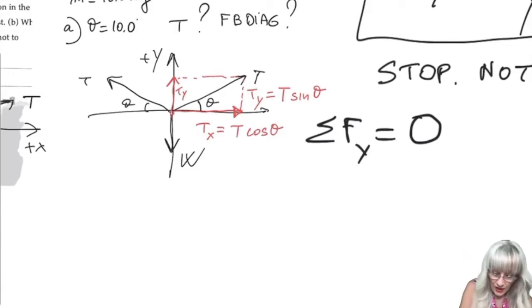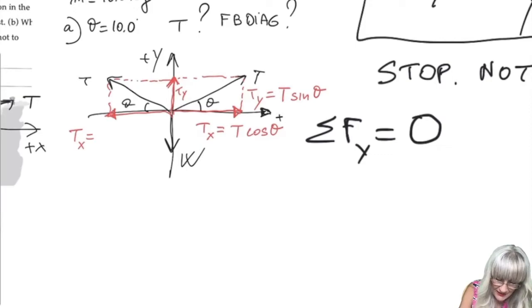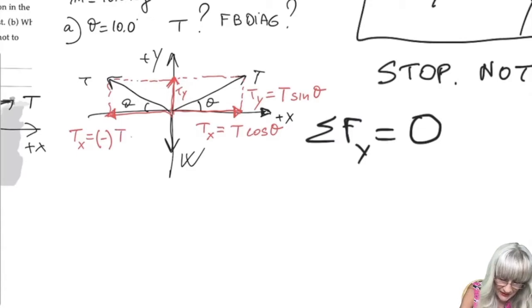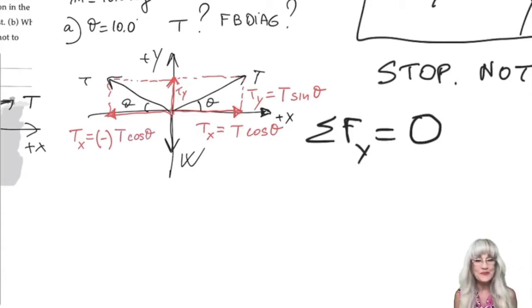All right, now for this one it is going to be the same T_y, but this one will have a component right here that is T_x. You see, it points opposite to the positive x-axis. Positive is this way, but T_x points the other way, so I need to put a minus sign. So it will be the hypotenuse multiplied by the cosine of theta.